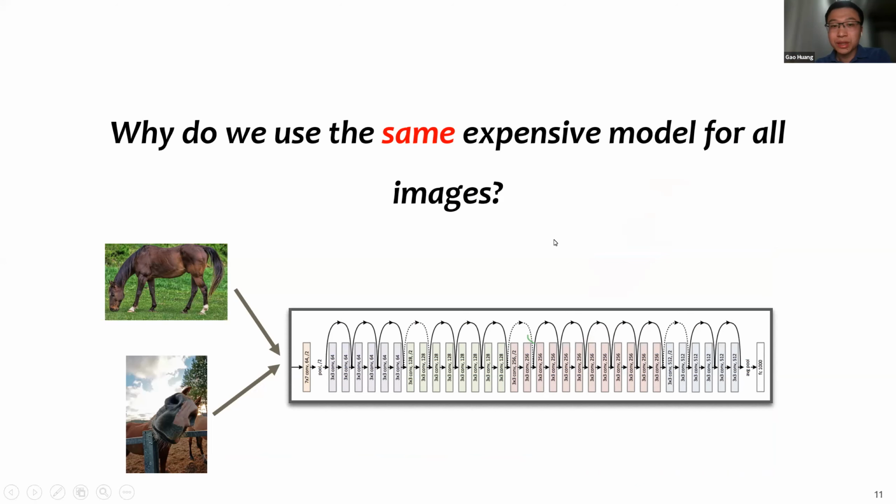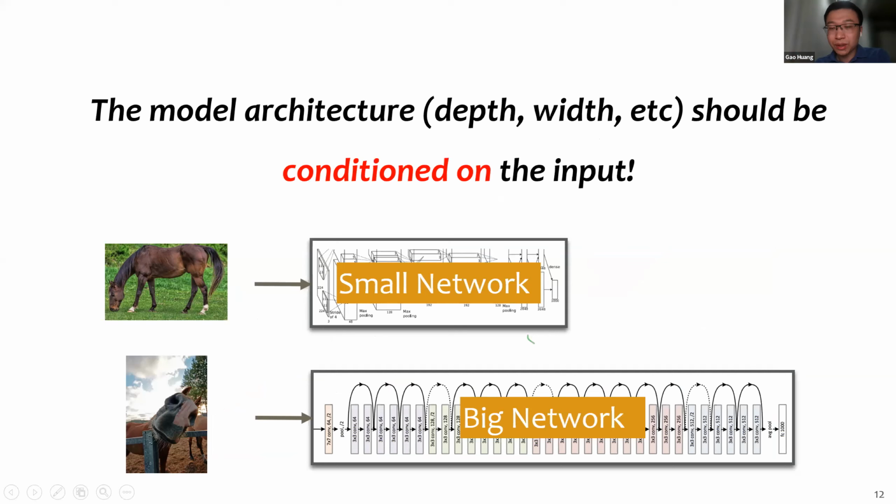And can we use a small model to recognize those easy images, right? And use the bigger network to recognize the harder samples. So this is our motivation to develop a dynamic model. We need to differentiate the computation that's spent on the easy ones and the harder ones, or actually, the computation should be conditioned on the input.